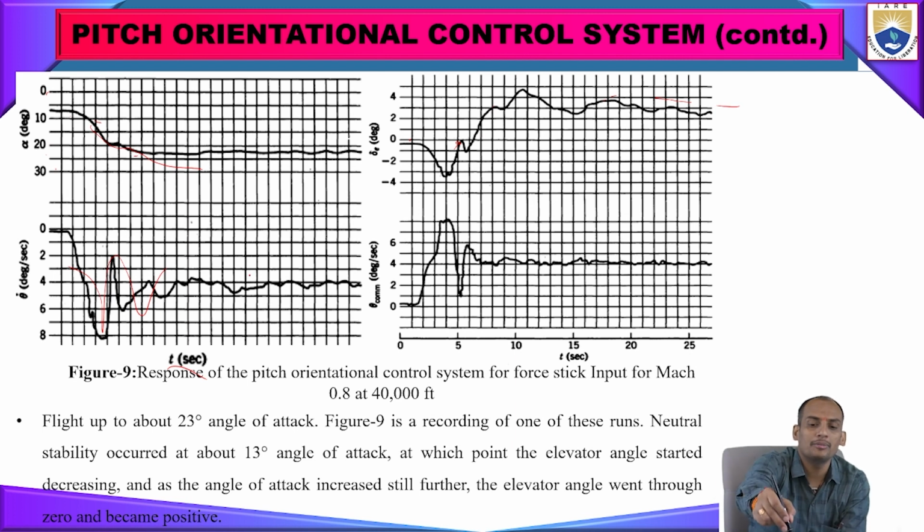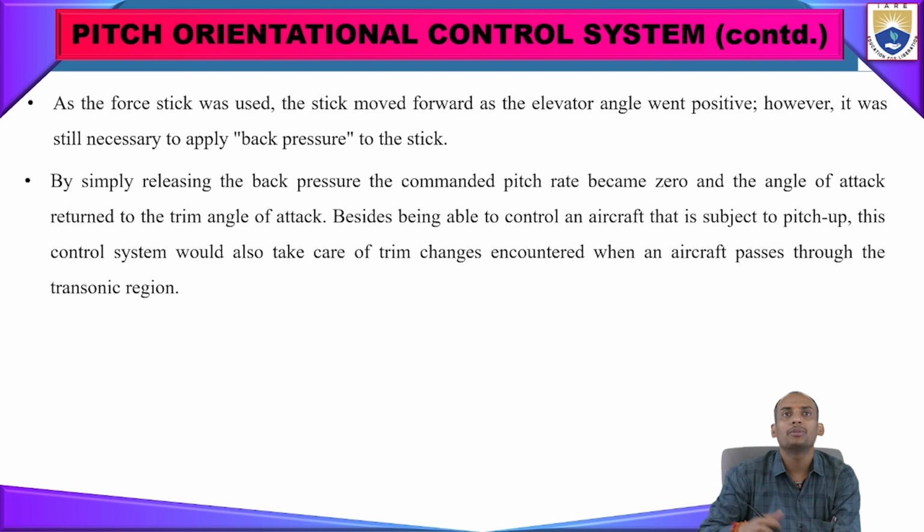And here also the theta values are getting positive values only. As the force stick was moved forward, the elevator angle went positive. However, it was still necessary to apply back pressure on the stick. Simply the back pressure commands pitch rate to become 0, and the angle of attack returns to its trim angle of attack.